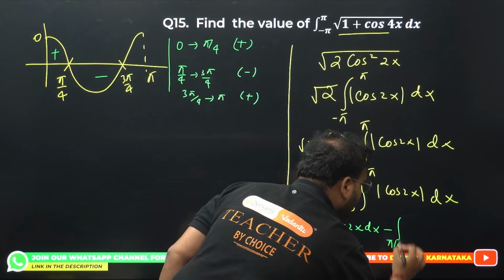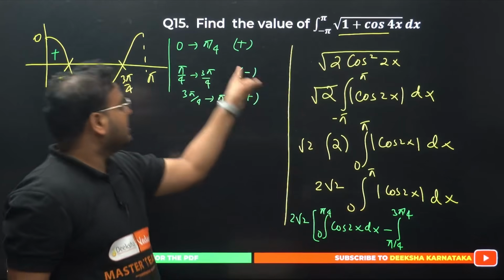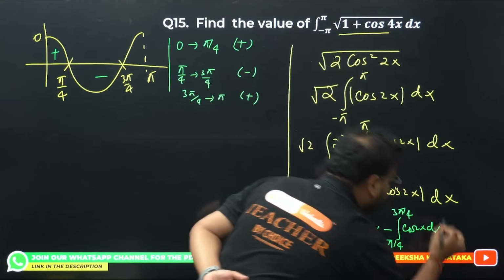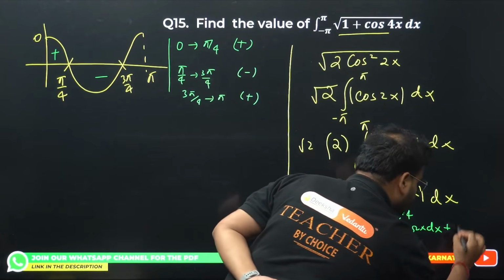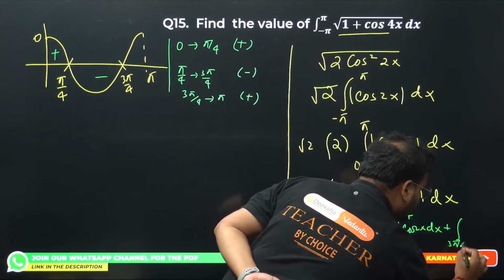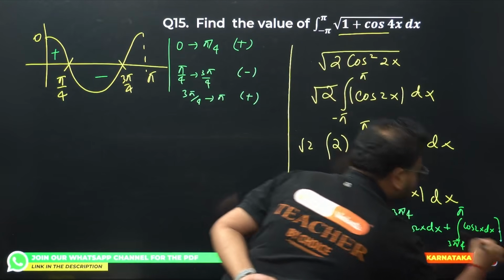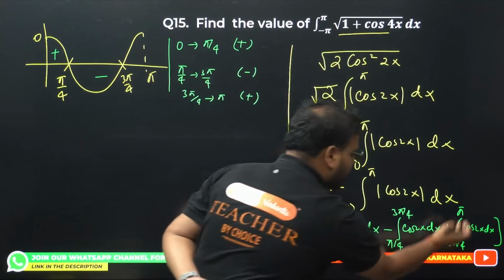Pi by 4 to 3 pi by 4. Minus sign because of this negative sign. It will become again cos 2x dx. We have one more. Just one more. 3 pi by 4 to pi. Same thing. Cos 2x dx. Done. This is pakka done.